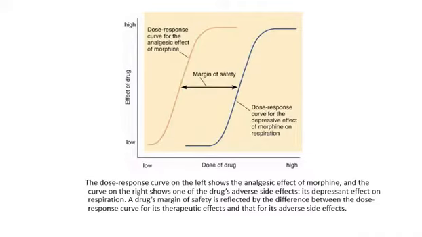Here, this margin of safety is reflected by the difference between the dose-response curve for its therapeutic effects on the left and for its adverse side effects on the right. With drugs that have a very narrow margin of safety, you want to be very, very cautious in using them, but where there's a large difference in the margin of safety, they tend to be safer types of drugs.